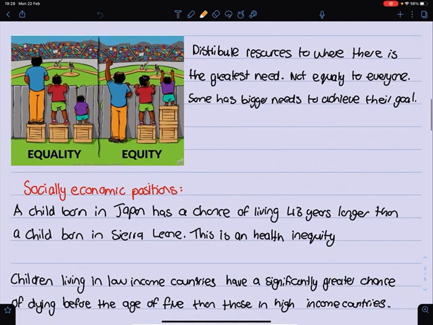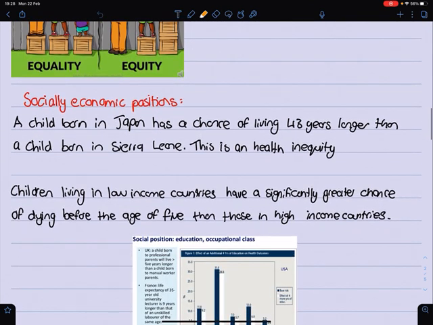Just to emphasize that socio-economic position really does have an impact on the health of a person: a child born in Japan, a first world country with a great economic position, has a chance of living 43 years longer than a child born in Sierra Leone in West Africa.